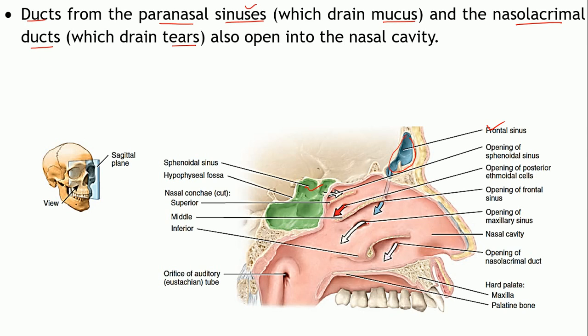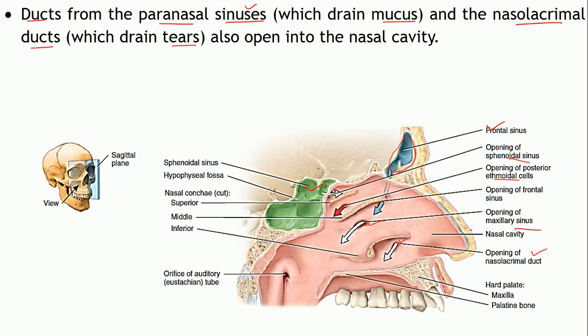That is the opening of the maxillary sinus. Okay. Then the opening of the ethmoidal cells. Okay. Opening of the sphenoidal sinus, and so on. Also, there is the opening of the nasolacrimal duct, that is over here.